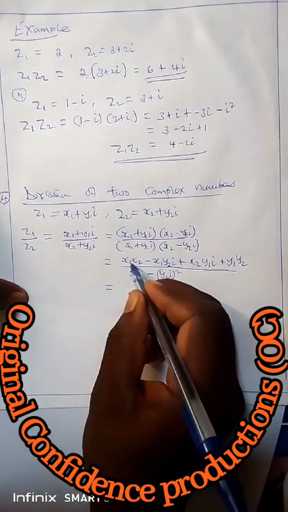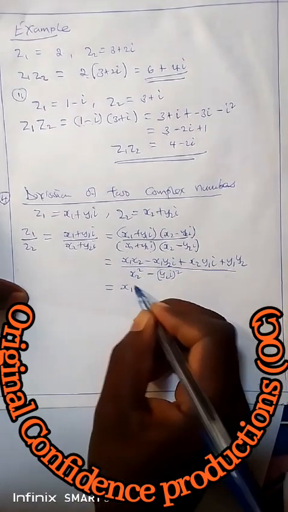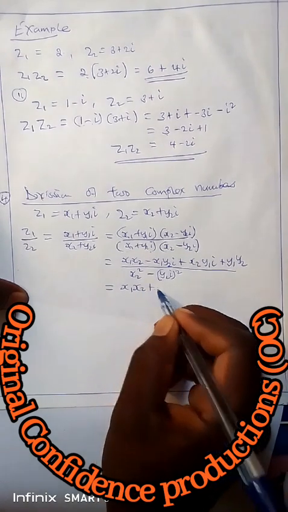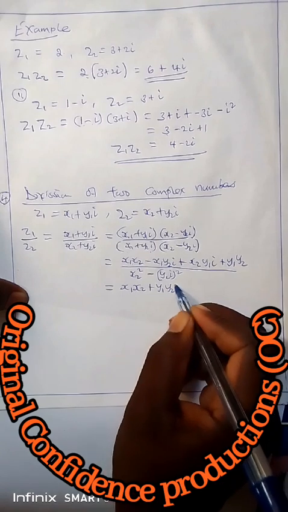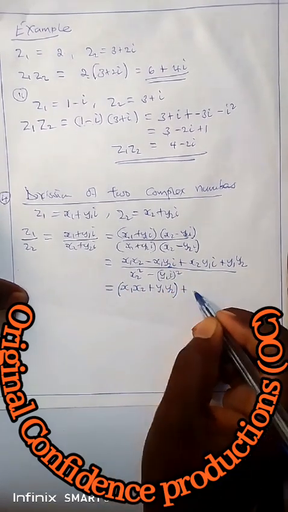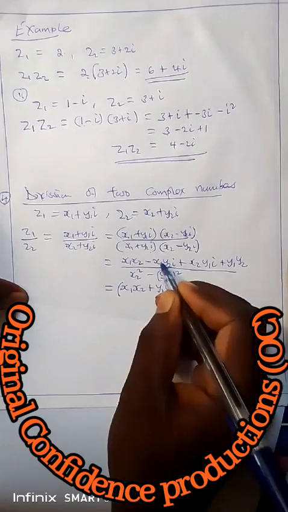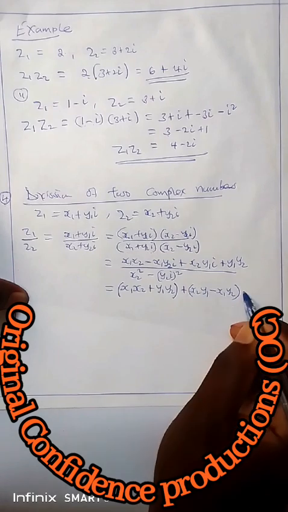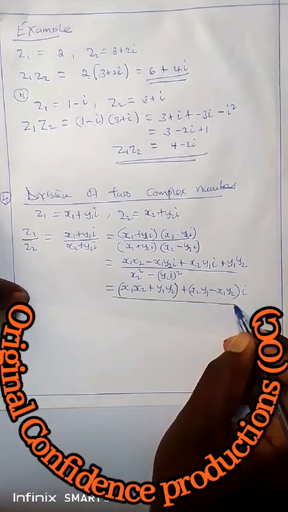Now this one is correctly the real parts together: x1 x2 plus y1 y2. Now when you put it together, you come to this: plus x2 y1 minus x1 y2, then this is i, over the denominator.